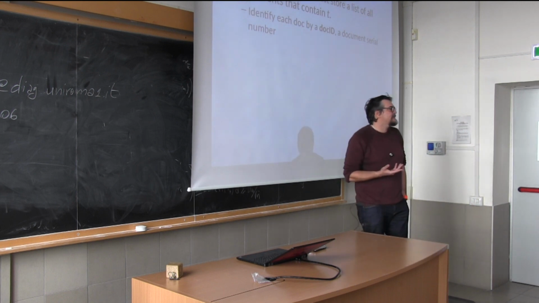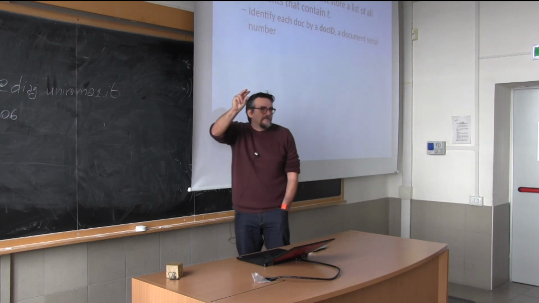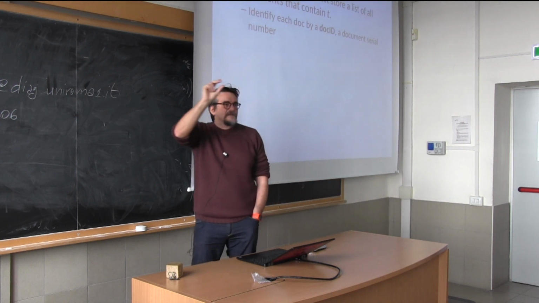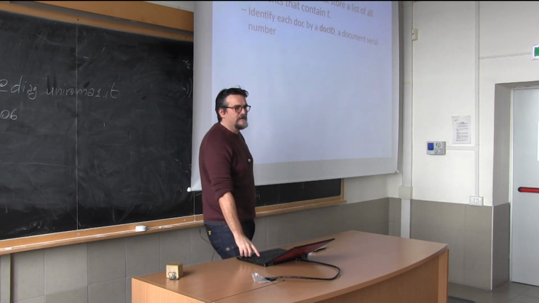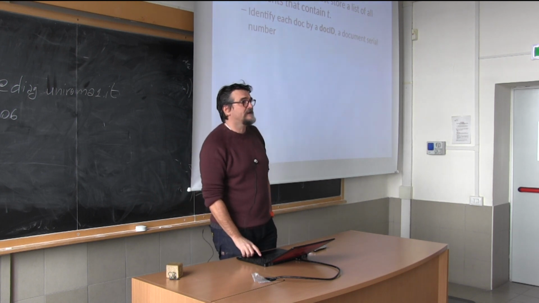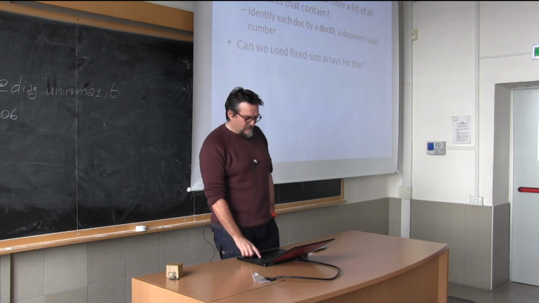And so doc ID is very convenient. Basically, each time we get a document, we assign a number. Next document, next number, and so on and so forth. Okay? So the doc ID is the identifier for the documents. The main purpose of the doc ID is that you can sort the documents.